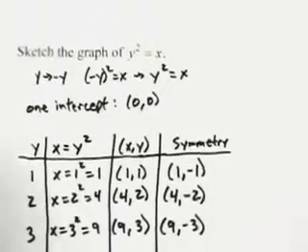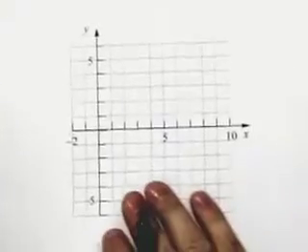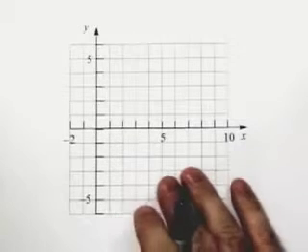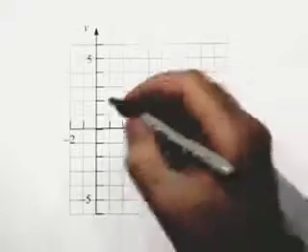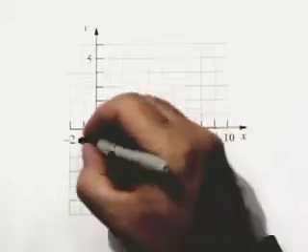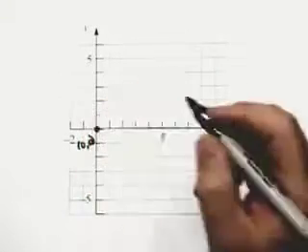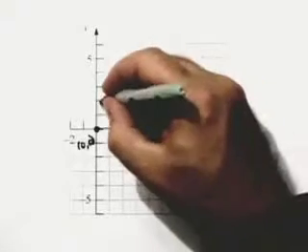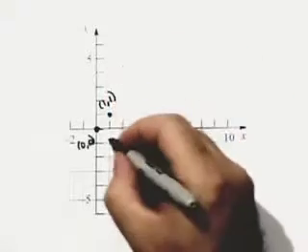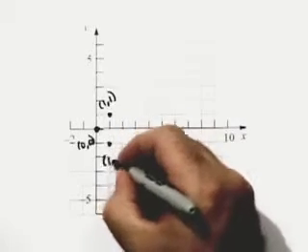So our next step is to plot those points that we found, including our intercept. We'll go to our grid. We're going to plot the intercept at 0, 0. We found the point 1, 1. And from symmetry, we found the point 1, negative 1.